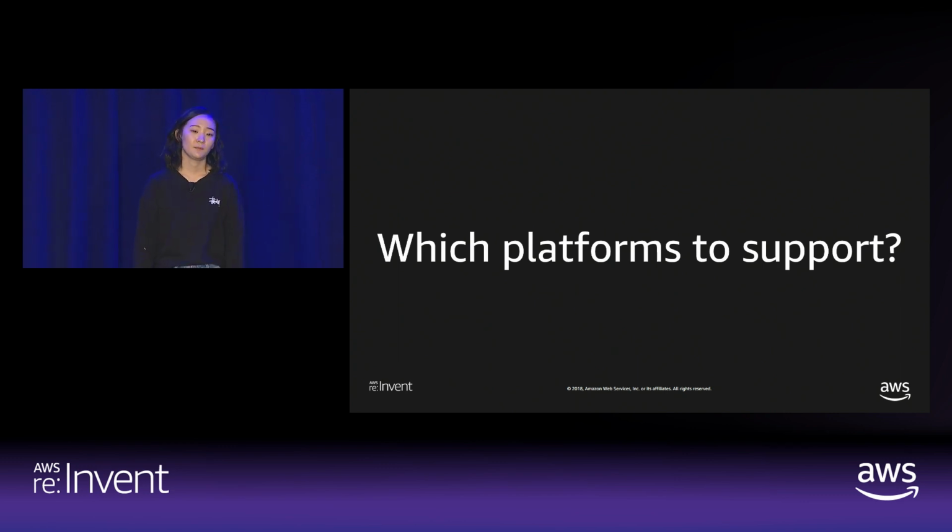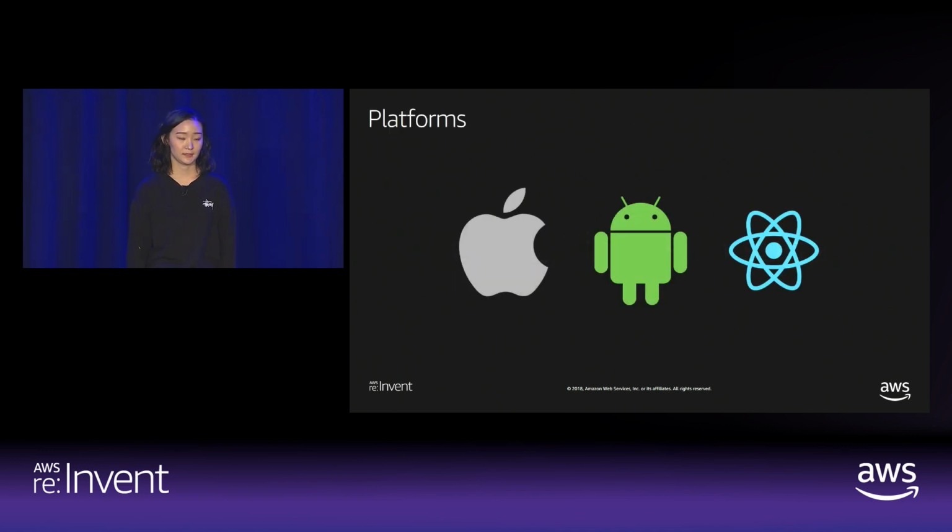Now I got to start thinking about what platforms I want to support. There are 3 choices: iOS, Android, and I could use React Native. Thomas gave you a few pros and cons about going cross-platform. I'm going to be using React Native to go cross-platform as well because I think that's pretty cool.